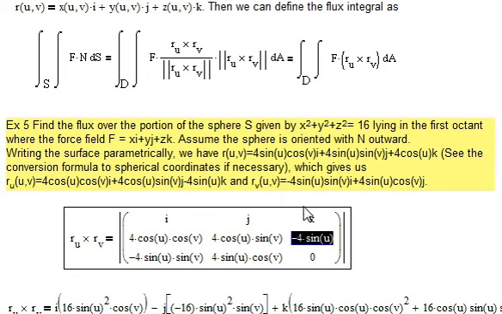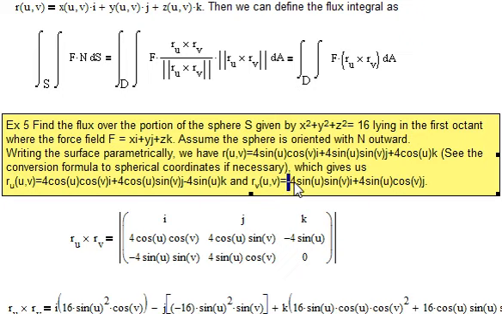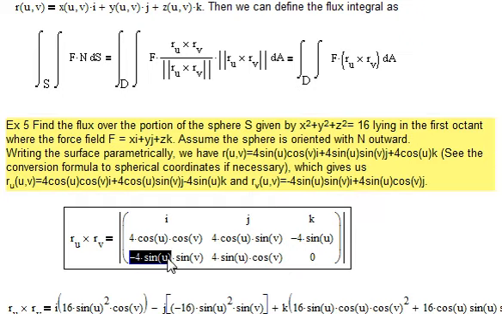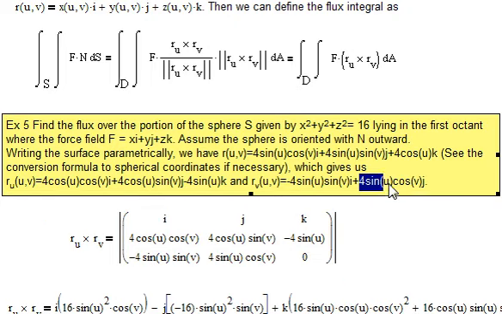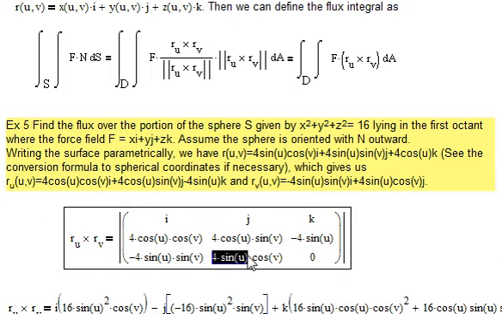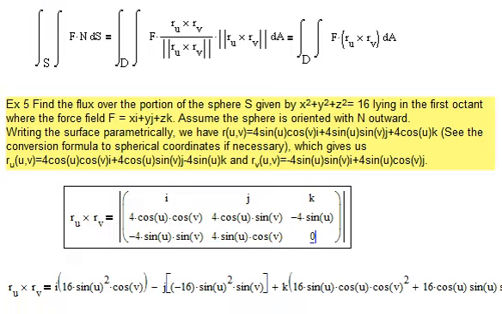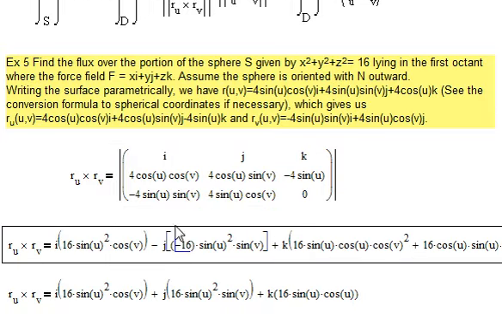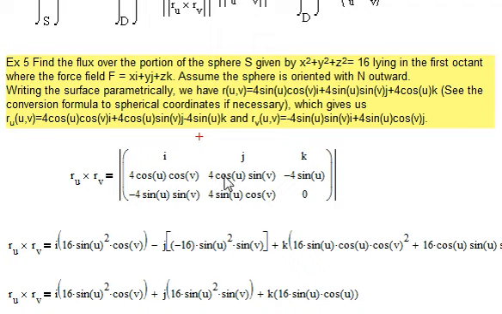Then r sub v is negative 4 sine u sine v, 4 sine u cosine v, and 0 for the k component. This is a complicated animal. So it's i times its minor, which is this times 0, minus a negative, so we'll call it plus 16 sine squared u cosine v. There we go, there's that part.